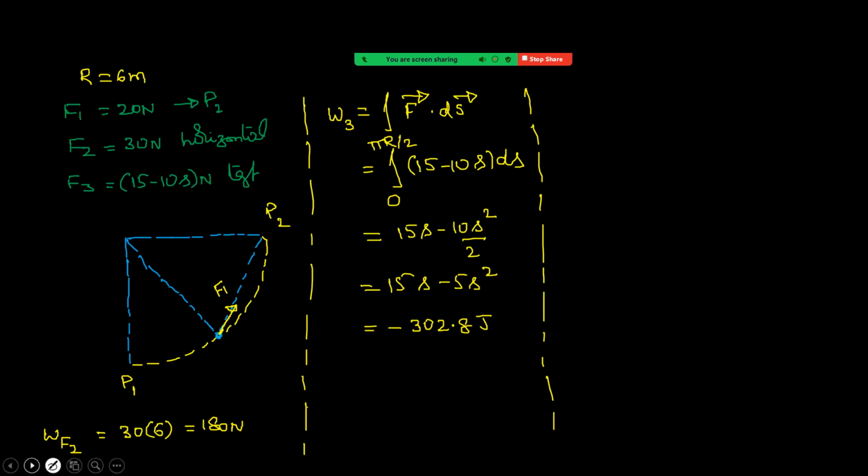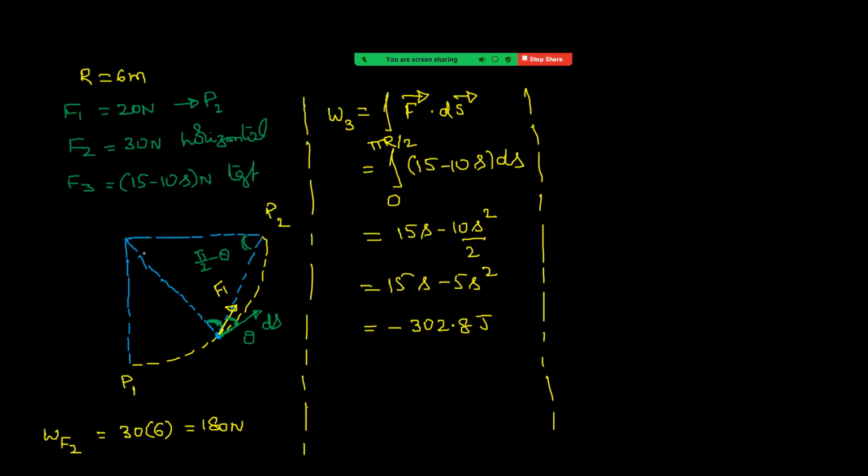That means the angle between the displacement vector and the force vector, with the displacement ds along the tangent, suppose is theta. Now see what happens. If this is theta, the remaining angle is 90 minus theta, and this also is 90 minus theta.